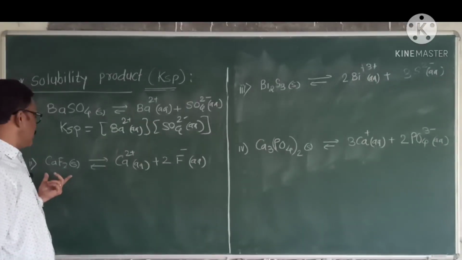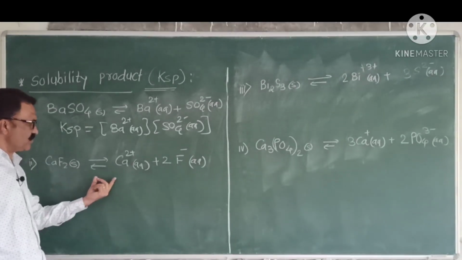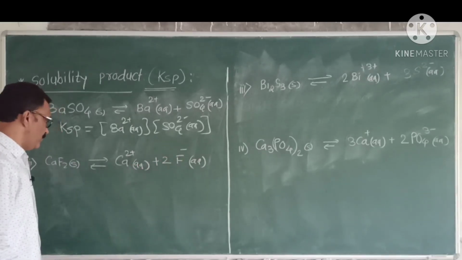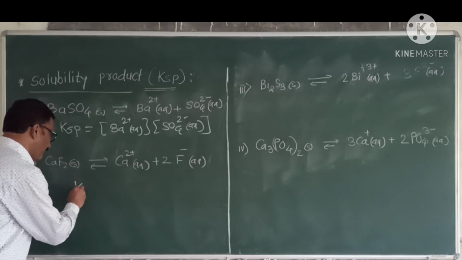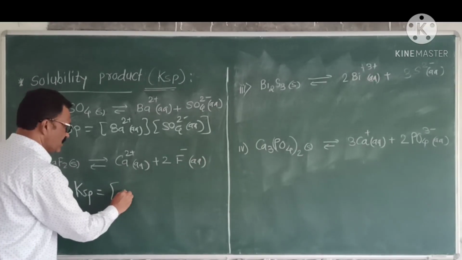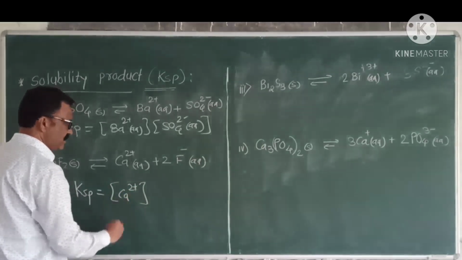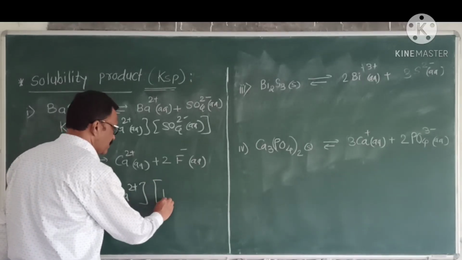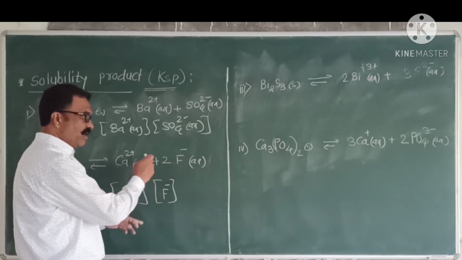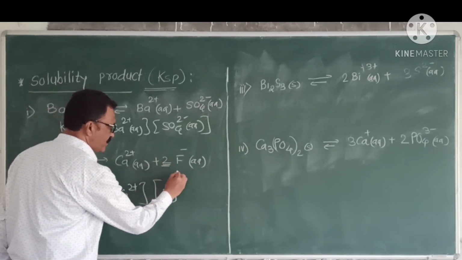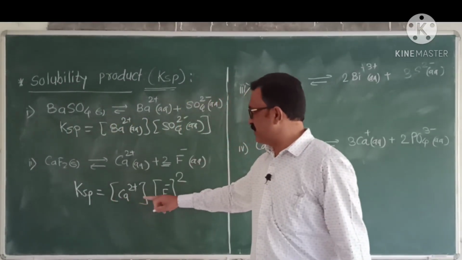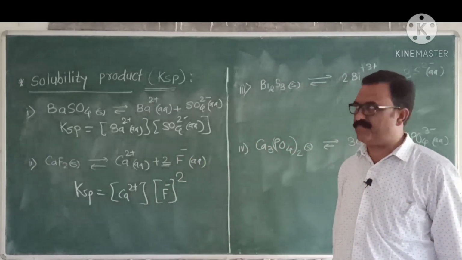A second example, CaF2, a sparingly soluble salt, dissolves to give Ca2 plus aqueous plus 2 F minus aqueous. Then, according to the definition, the solubility product Ksp is equal to the product of these ions, that is the concentration of Ca2 plus into the concentration of F minus ions. Here the power of the concentration term is equal to the coefficient, so F minus is raised to 2. This equation gives the value for Ksp of CaF2.